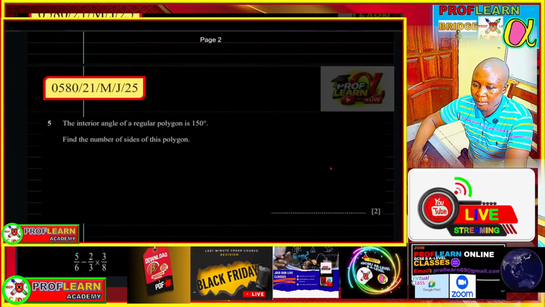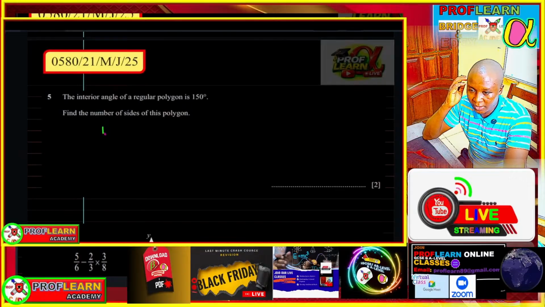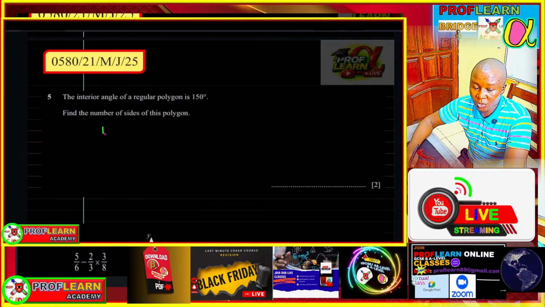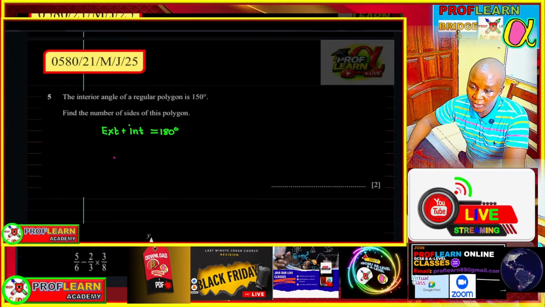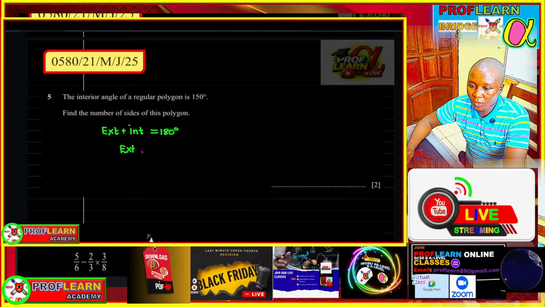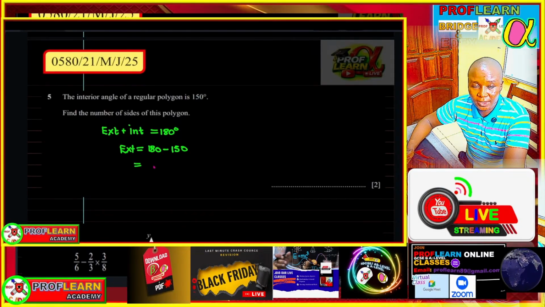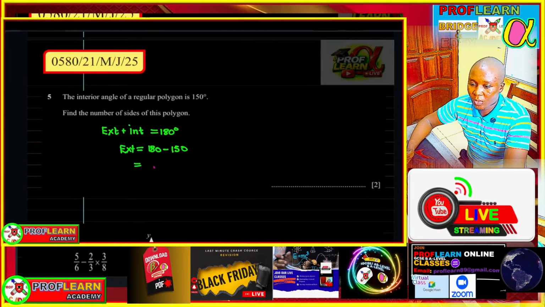and that is exactly what you're going to do. Moving to number 5, we are told that the interior angle of a regular polygon is 150. Something that you are supposed to remember in this question is that the sum of the interior and exterior angles add up to 180. And also the exterior angle is equal to 180 minus the interior angle, which means that 180 minus 150 is going to give us 30.